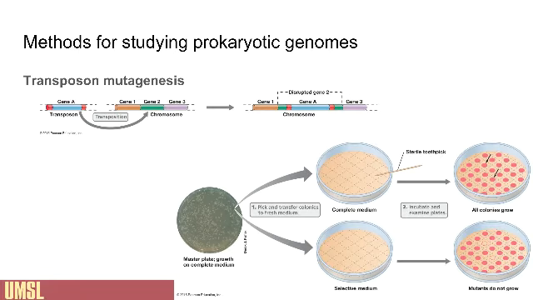And if I were to grow one group of these cells in a complete medium and one in a selective medium, insertion sequences in the selective medium wouldn't grow, but they would grow here. And so if I could sequence the DNA from the end of this transposon out into the chromosome, I know where all of those transposons are.